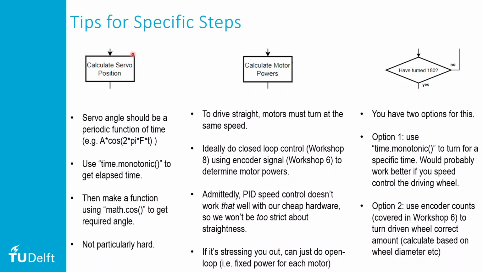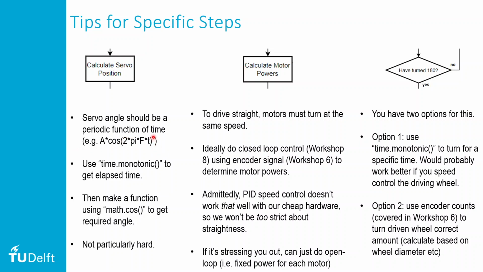Well, if we want our pen to draw a roughly sinusoidal wave, then it depends a little bit on how you design the mechanical mechanism. But basically, you're going to need your servo angle to change over time with some sort of periodic function, and quite possibly a sinusoidal periodic function like cos(2πft). That might well be the sort of thing you want to do.